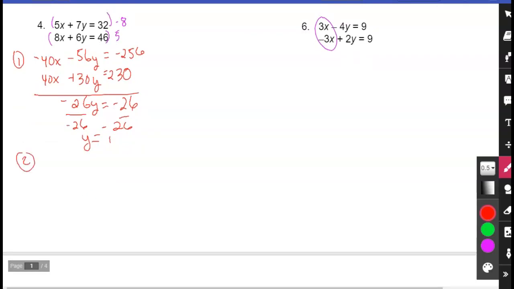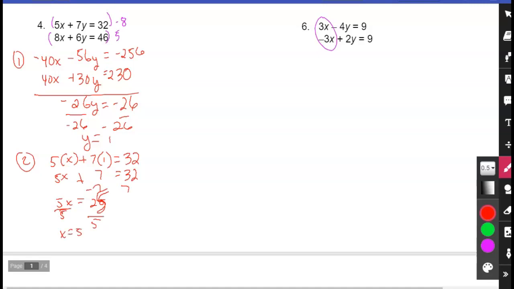Step 2, since y equals 1, we'll just stick with the first equation. 5 times x plus 7 times 1 equals 32. So that's 7. So I subtract 7. 5x equals 25. Divide both sides by 5.